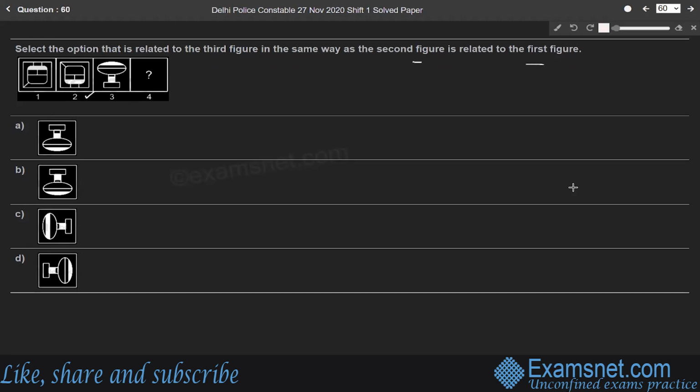Here in option B is the water image of the third figure. When the third figure is kept inverted, it becomes the figure shown in option B, which is the water image of the third figure. Therefore, option B is the right answer.